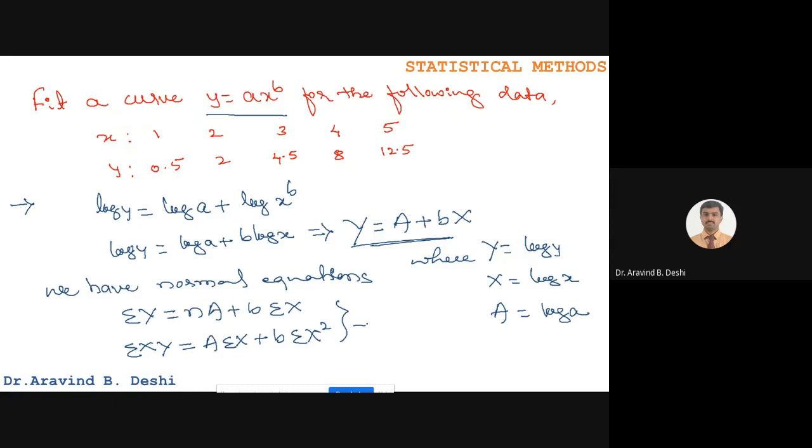You can call this equation number 1. Then, like the previous procedure, from the given x and y we need to find capital Y and capital X using log y and log x.